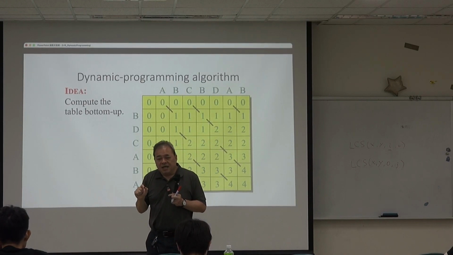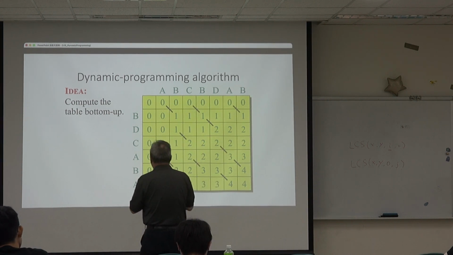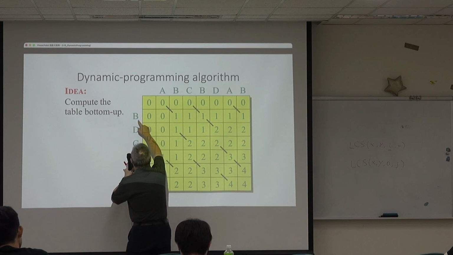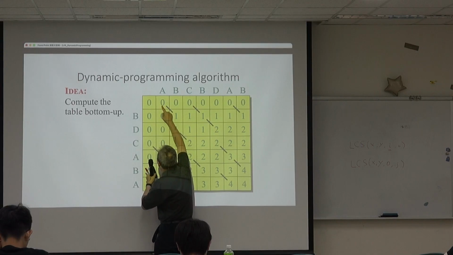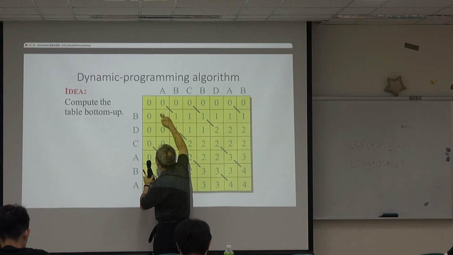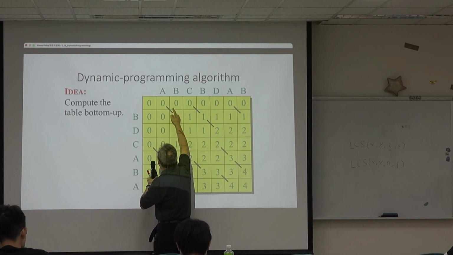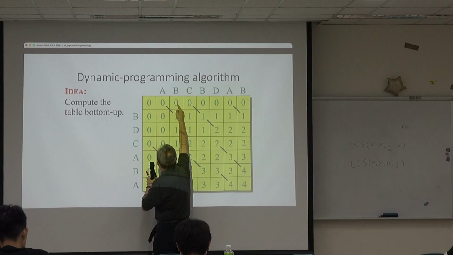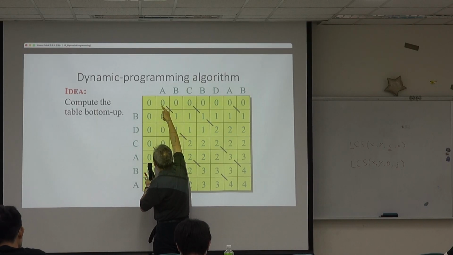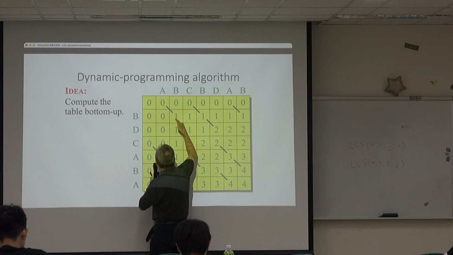Then you look at here. If the first characters, A and B, there's no match, you look at the top and the left, whichever is bigger, you put it here. For example, B and B, there's a match. So this is zero, the diagonal is zero, you add 1 to it.